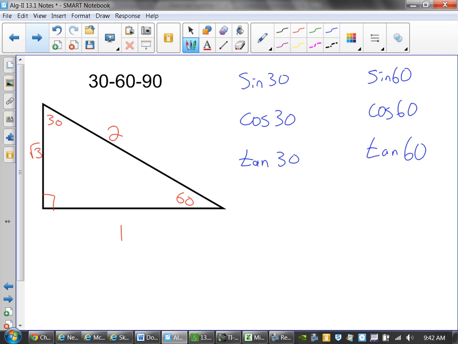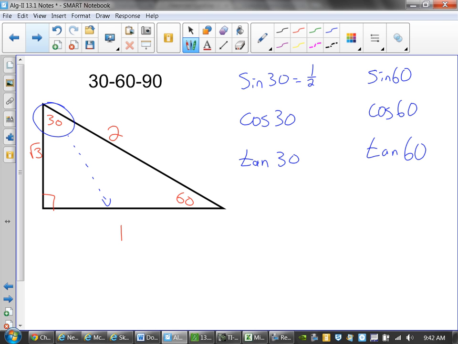If I want to find the sine of 30 degrees, that means it's going to be opposite over hypotenuse. Well, if I'm at 30 degrees, my opposite is 1. So the sine of 30 becomes 1/2. Again, trigonometry is all about perspective. If I'm at the 30-degree angle, what is my adjacent side?